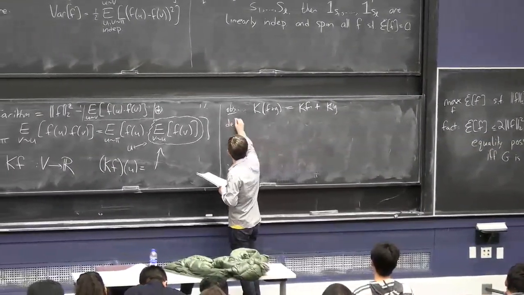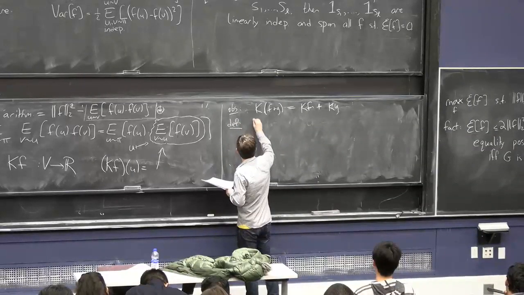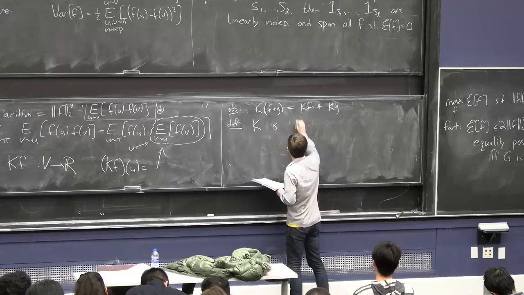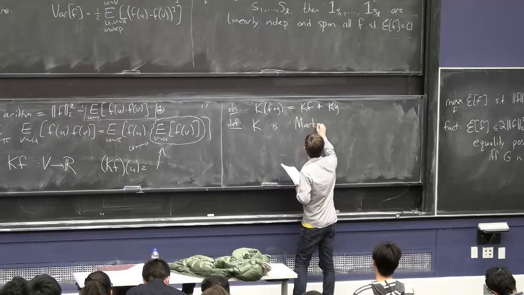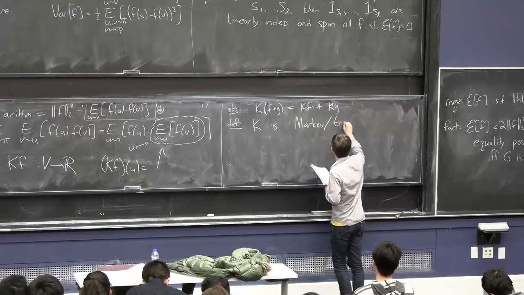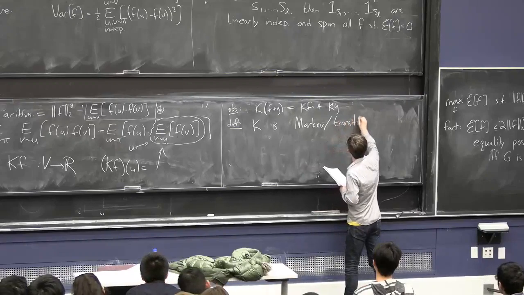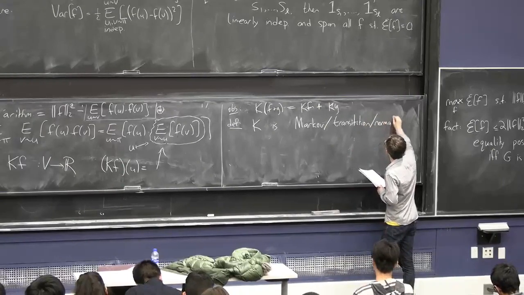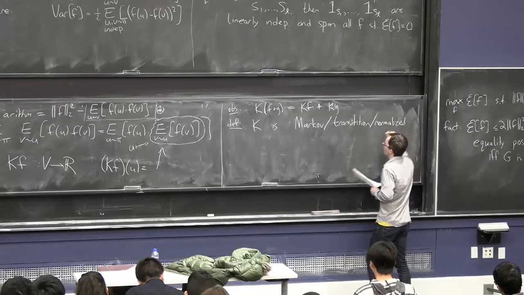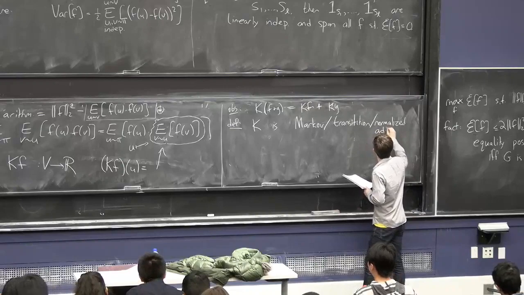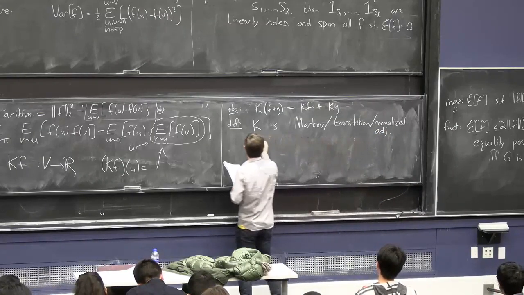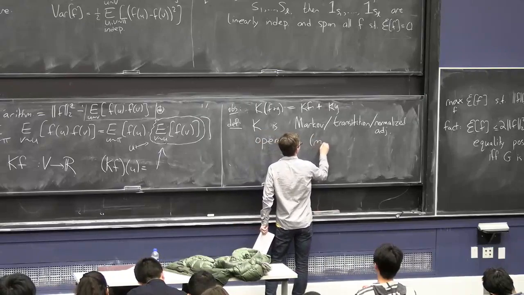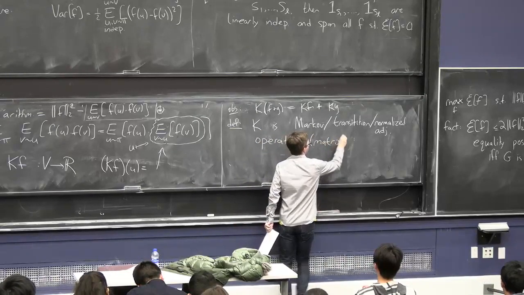So let me first say its name. It has several possible names. But K is either the Markov operator, or you might call it the transition operator for the standard random walk, or you might call it the normalized adjacency operator, as we'll see in a second, for G. And you could also use the word matrix instead of operator.